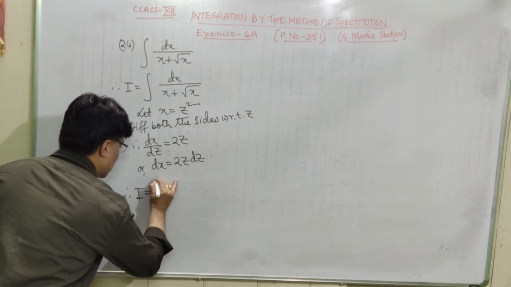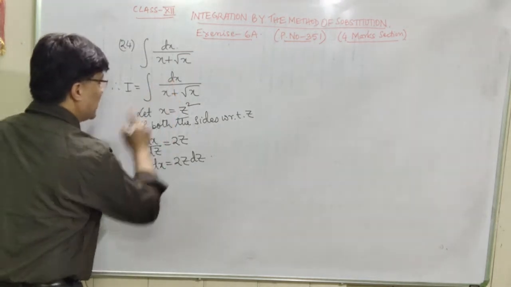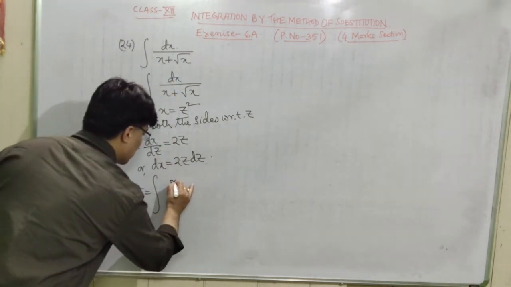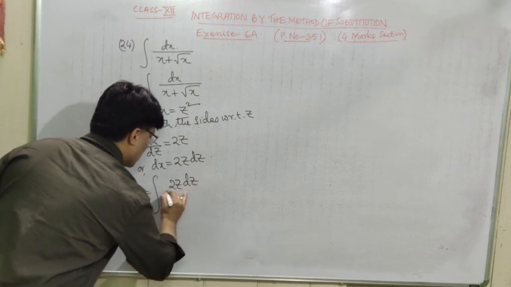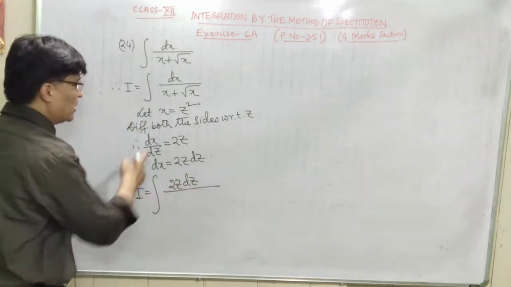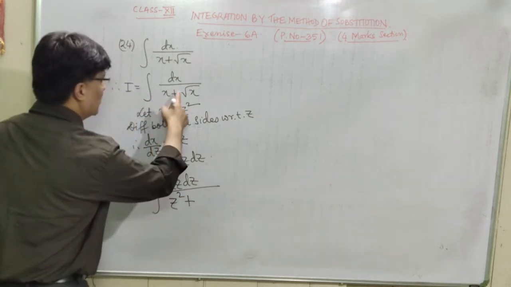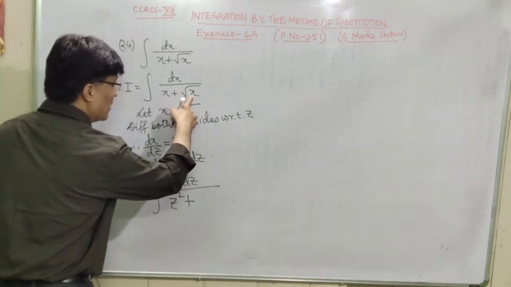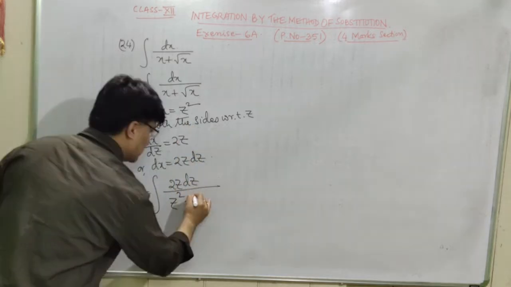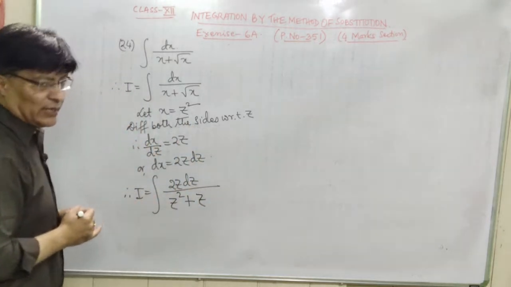Therefore I is equal to integration of, what is dx? Here dx is 2z dz, whole divided by, in the denominator, what is x? It is z square plus root over z square. Now x is z square here, so root over z square is your z.